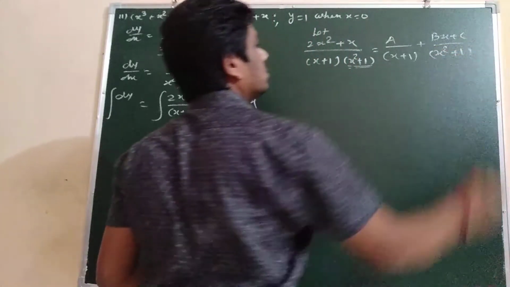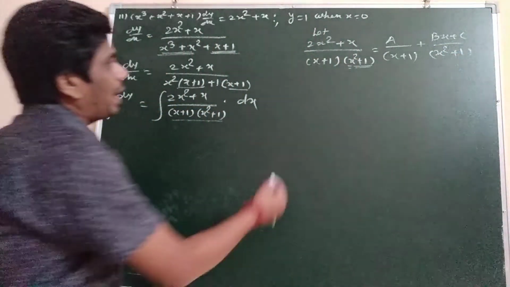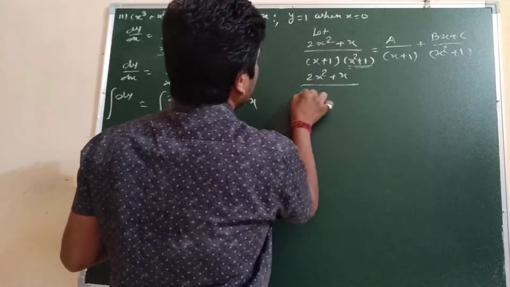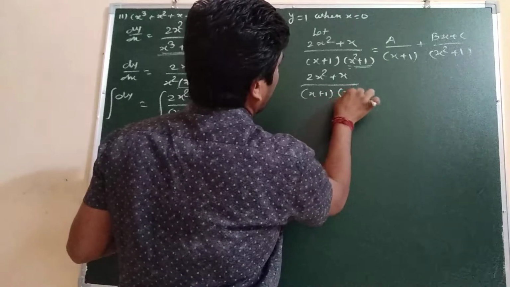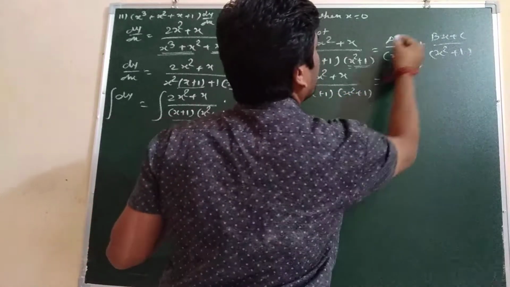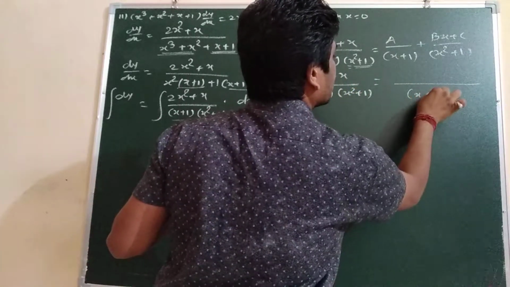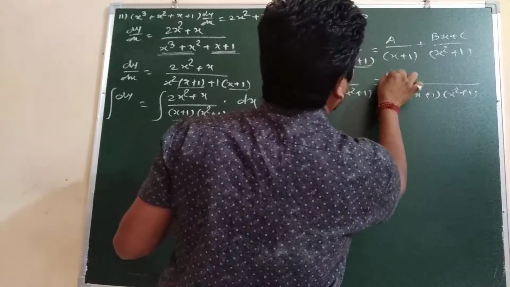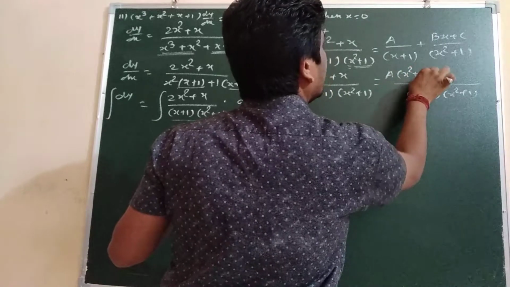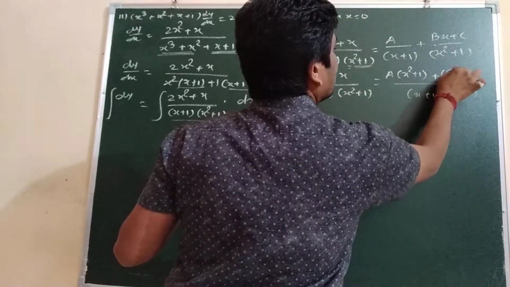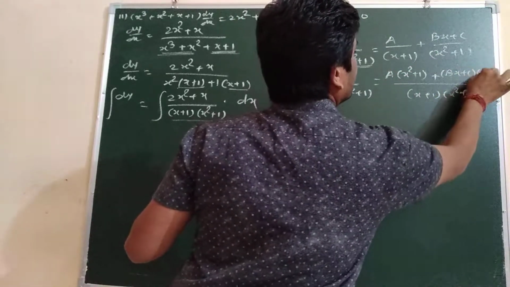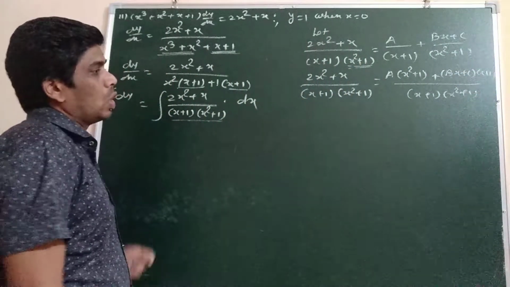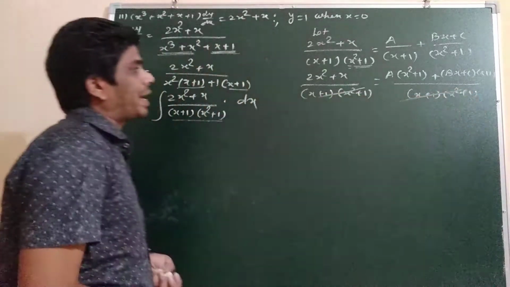Now we simplify. We take the LCM, which is x plus 1 into x square plus 1, and multiply, so you get A into x square plus 1 plus bx plus c into x plus 1. Both the brackets in the denominator cancel.